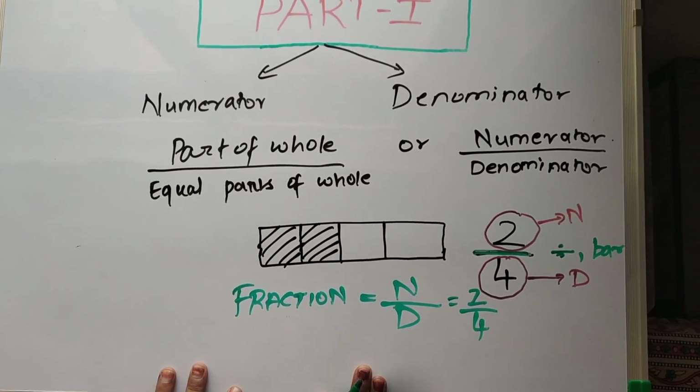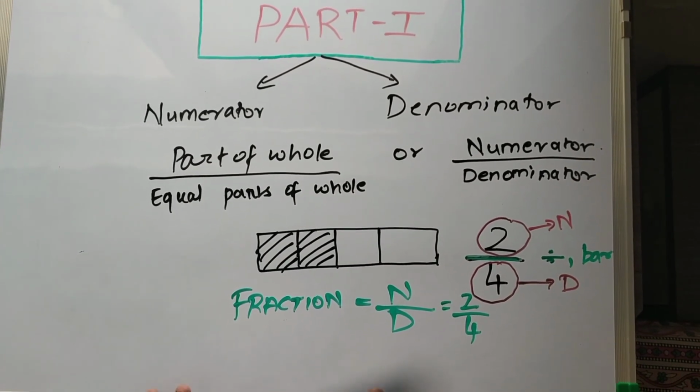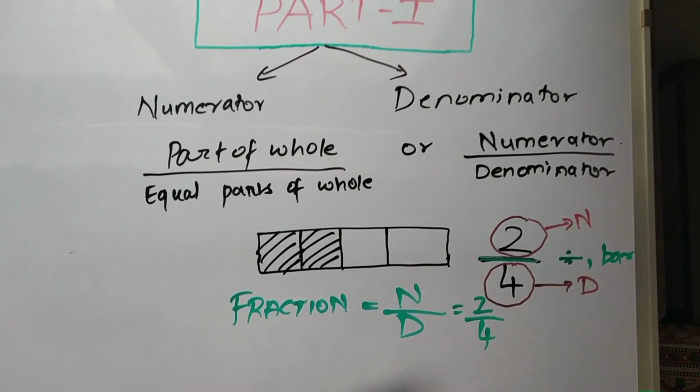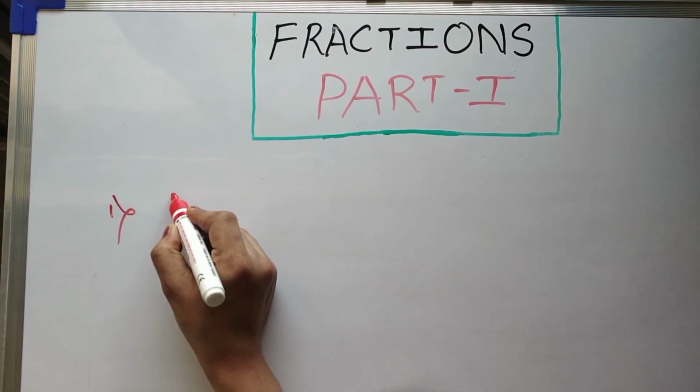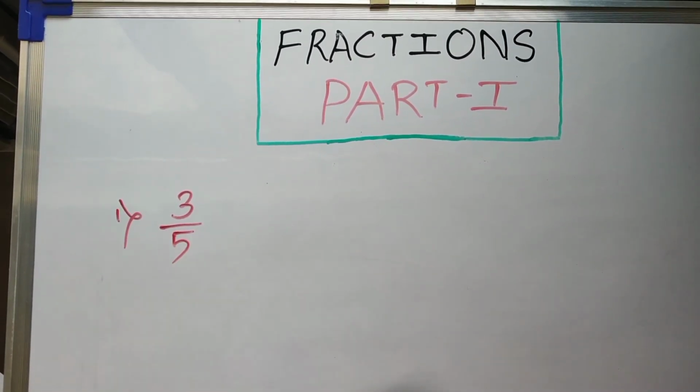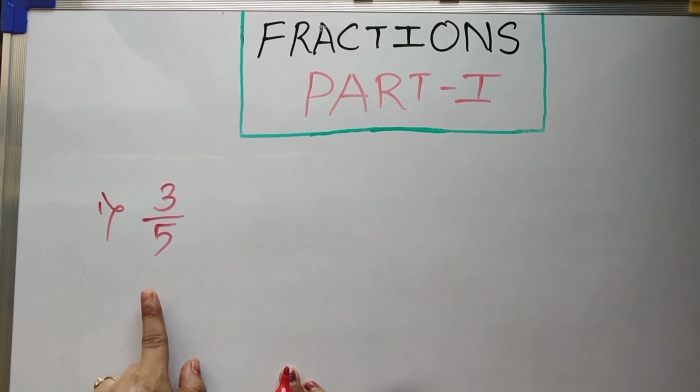Now we will see how do we read a fraction. For that, let us consider an example. Now 3 upon 5.